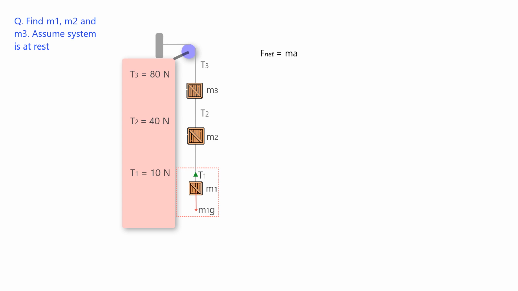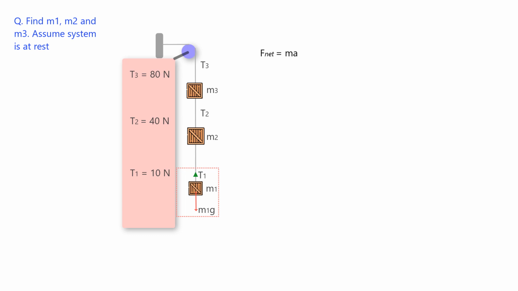So let's go ahead and write Newton's second law of motion for M1, which says that the net force acting on a body is equal to the product of its mass and the acceleration induced by that force. So for mass M1, we can see there are only two forces acting on it. Let's also write the notation we'll follow for vector direction.